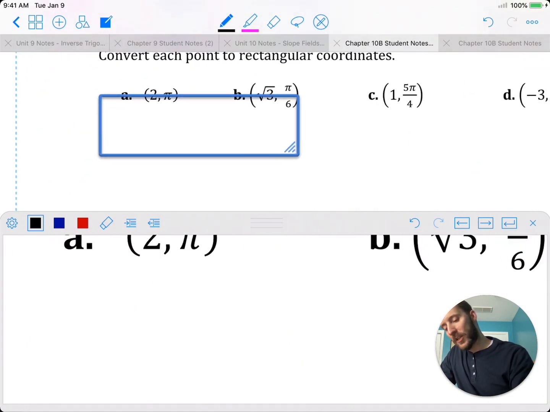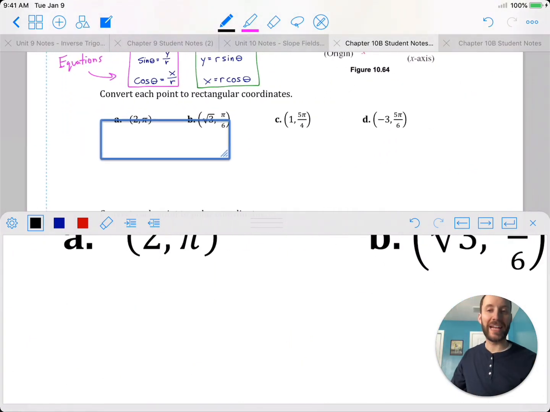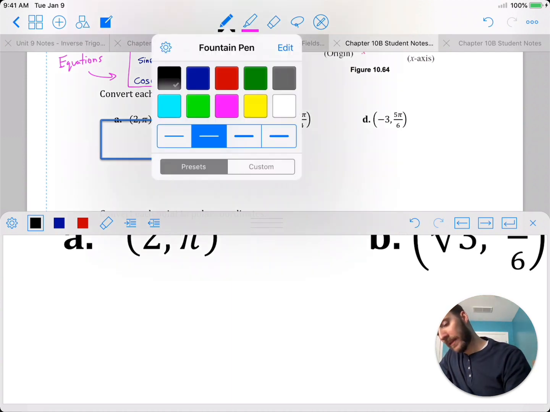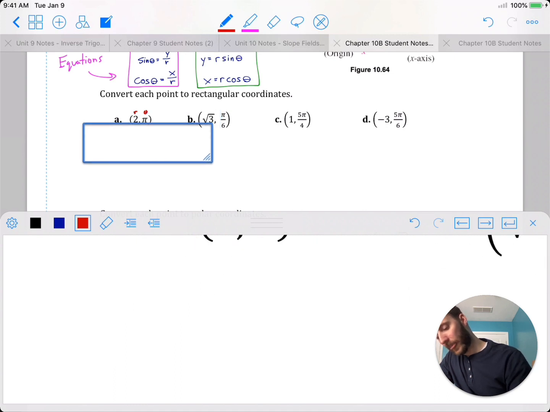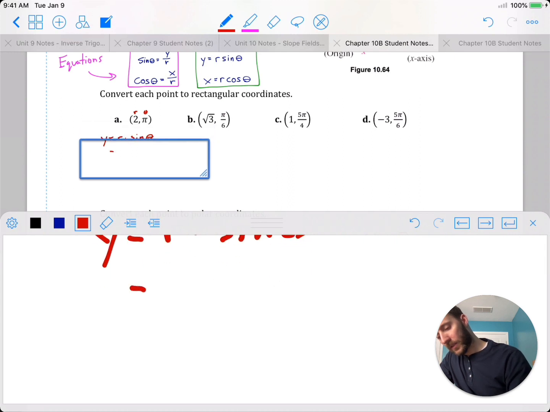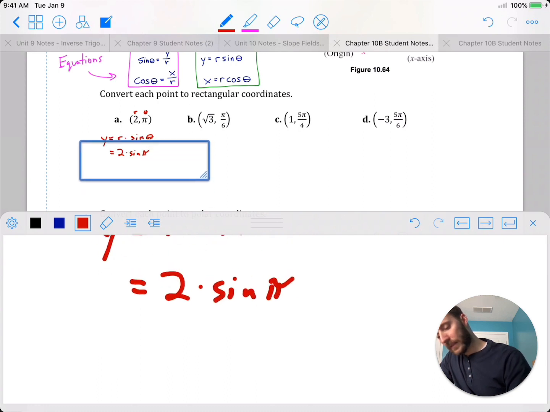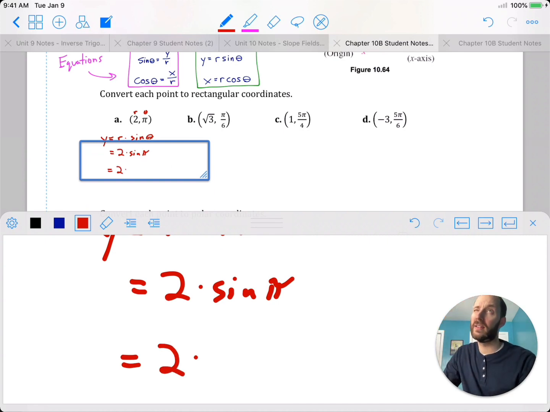So converting each point to rectangular coordinates. That means 2 is r and pi is theta. Now y equals r times sine of theta. So r is 2, theta is pi, sine of pi, so the y value at pi, 0.